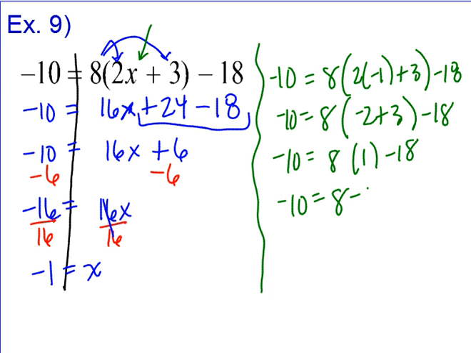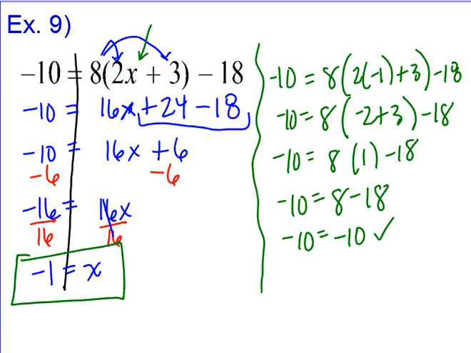Multiply 8 times 1, which is 8, and then subtract 8 minus 18, and that's negative 10. So that checks out. So indeed, our answer is negative 1. So hopefully this helps you a little bit more using the distributive property and combining like terms in doing equations.